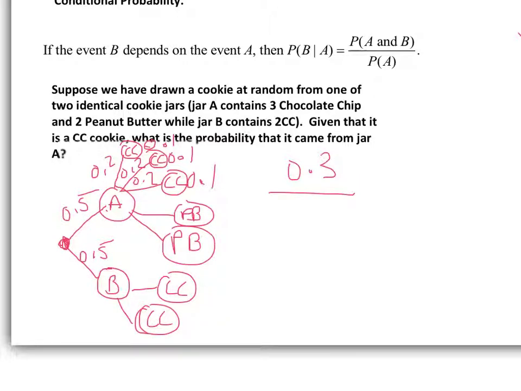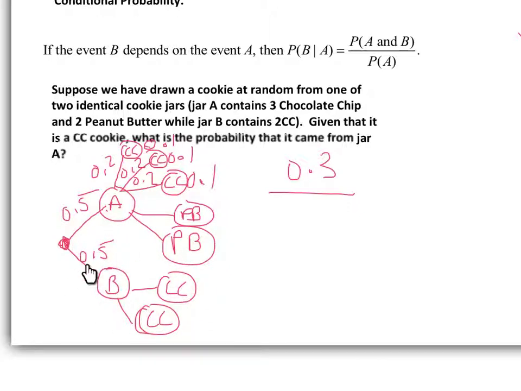Now you have to find the probability of A. Well, what's the probability that you got a chocolate chip cookie? Doesn't matter which jar. Well, there's 1, 2, 3, 4, 5 different chocolate chip cookies, but for this cookie jar, it doesn't matter.